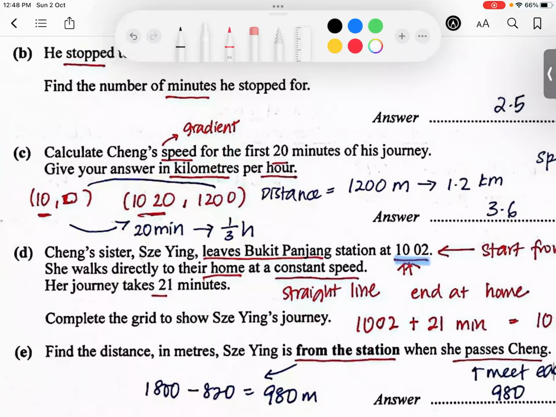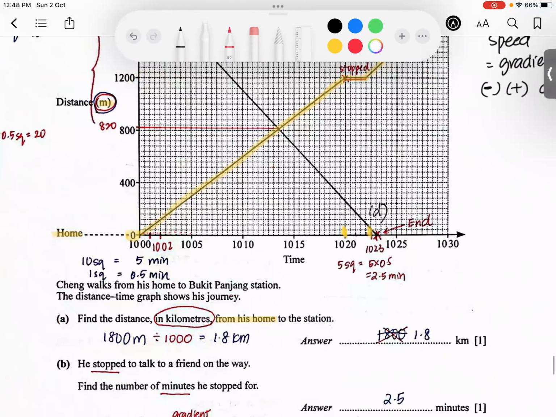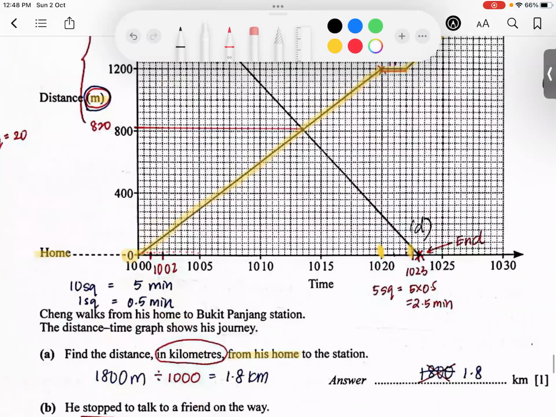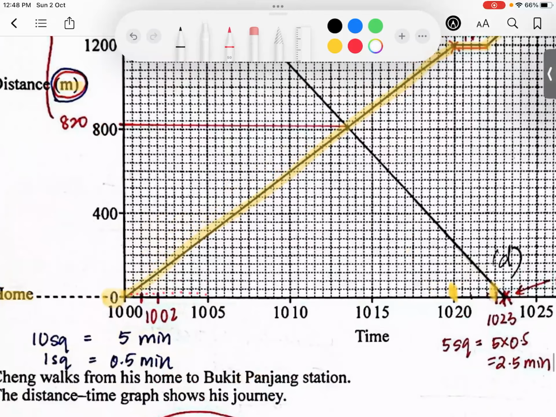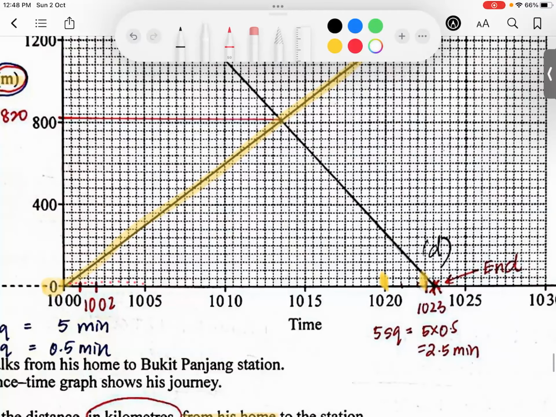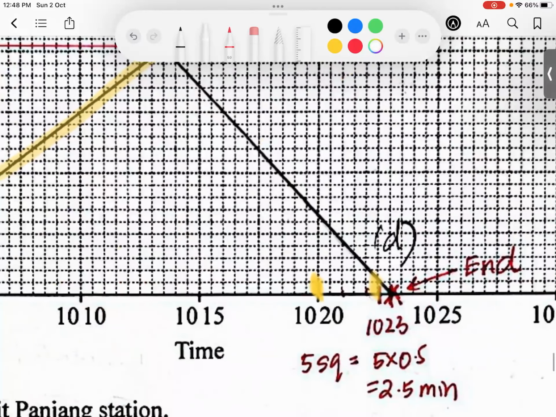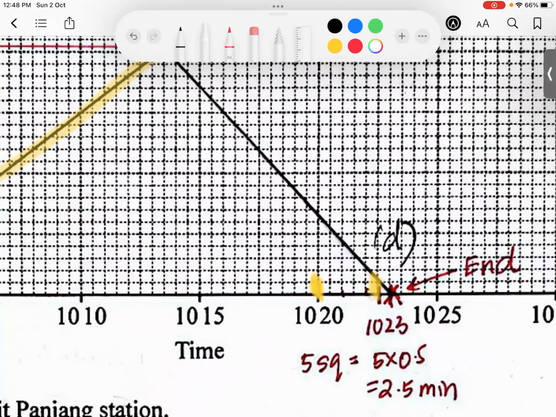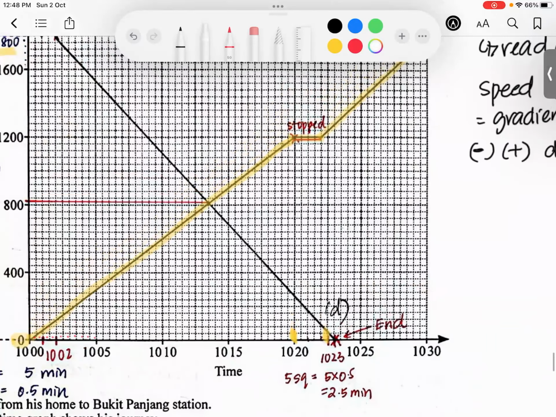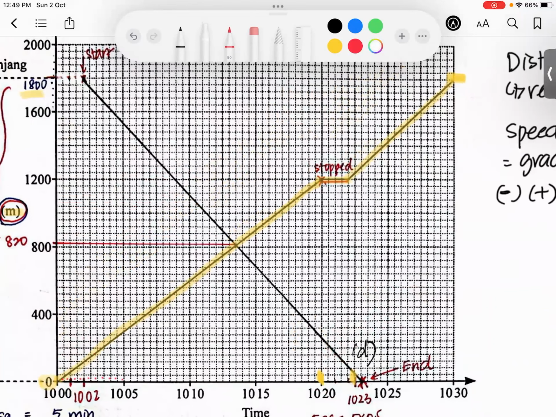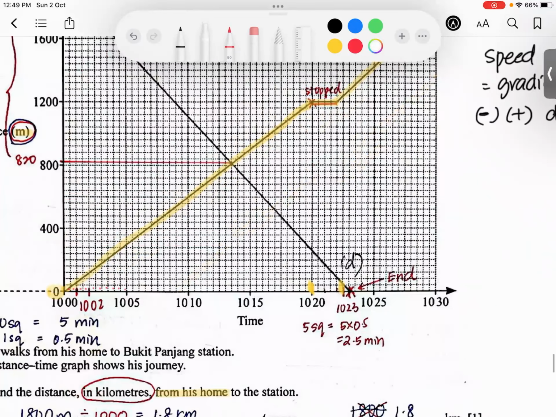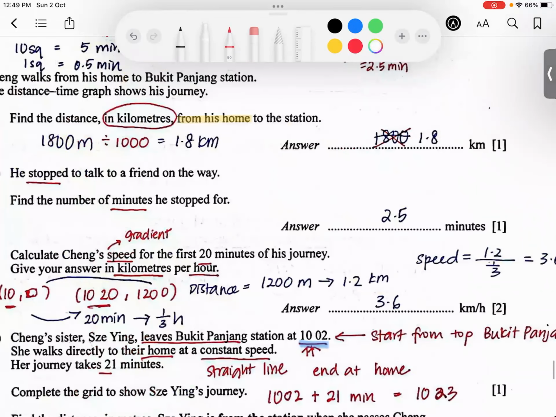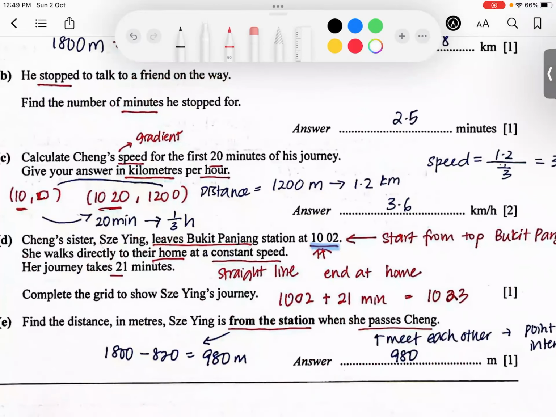It takes 21 minutes, so from 10:02 add 21 minutes, which is 10:23. So I mark one point, the end point. Then I draw from the starting to the ending, joining it up together. So this is the starting and the ending point, and the distance-time graph is completed.